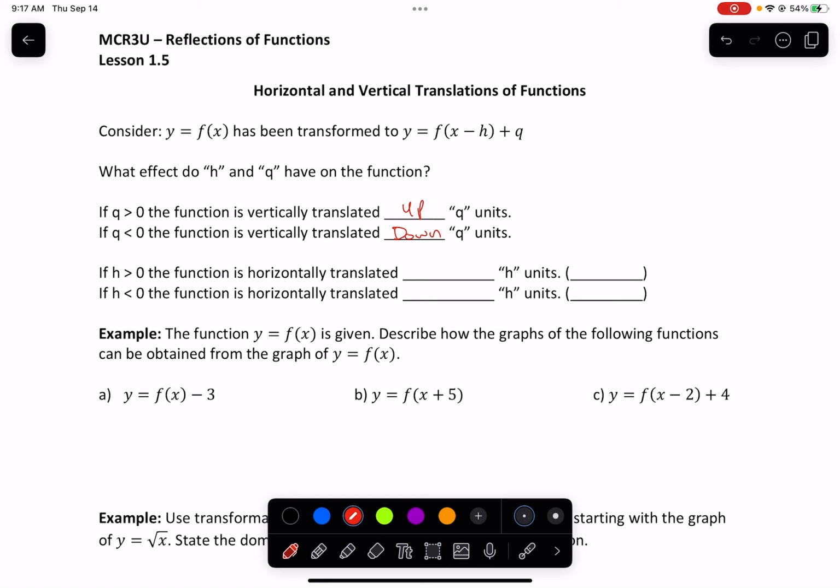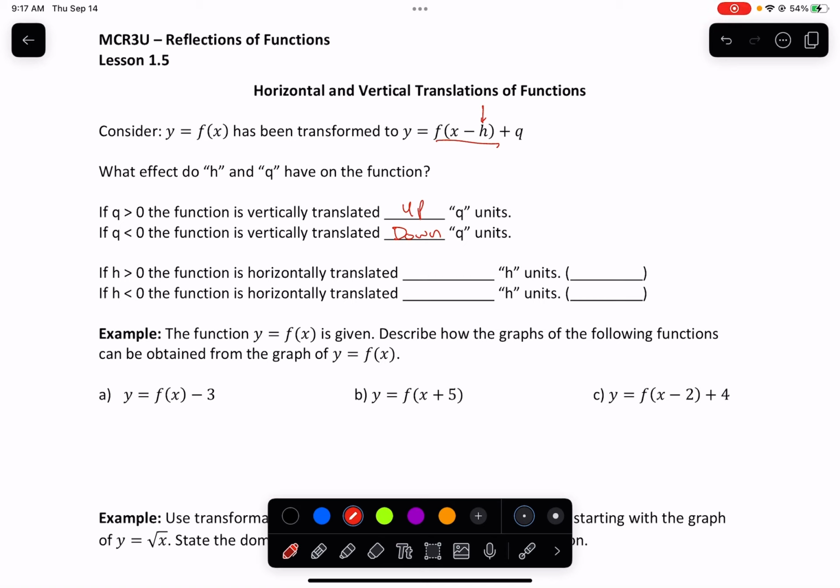Okay? If H is greater than 0, what do you get? It's right. So this is the reason why things behave in an opposite manner. This is kind of your stock equation, and then the stock equation changes in response to what H is specifically.